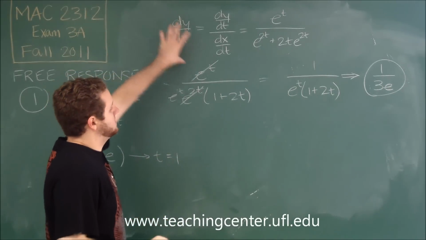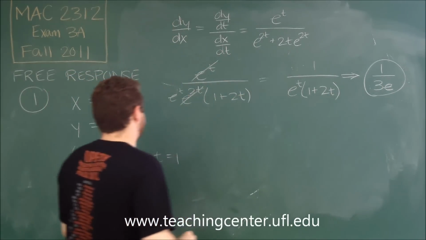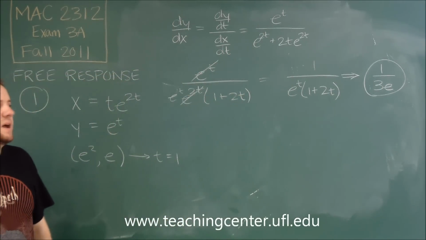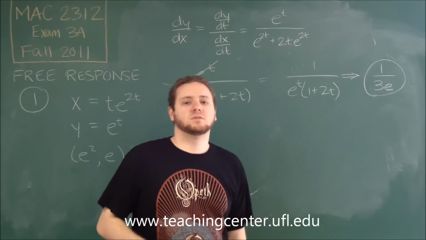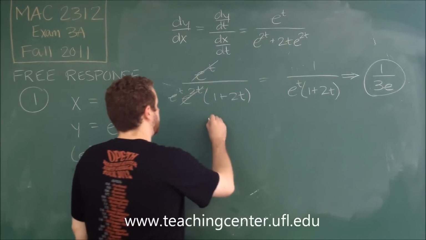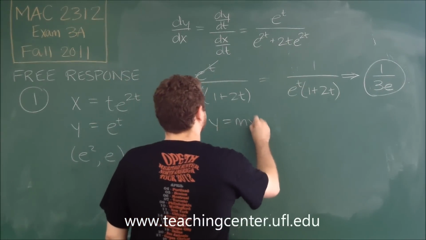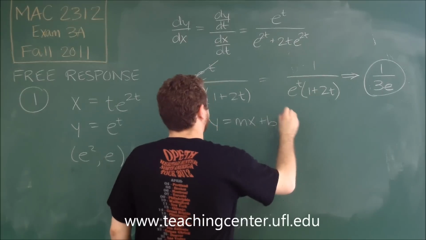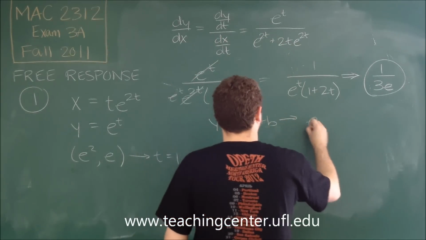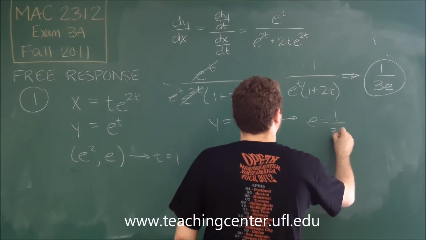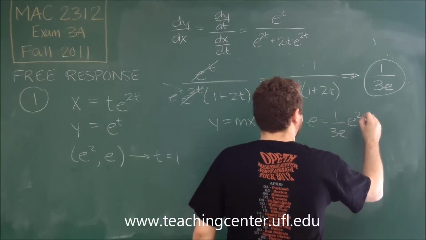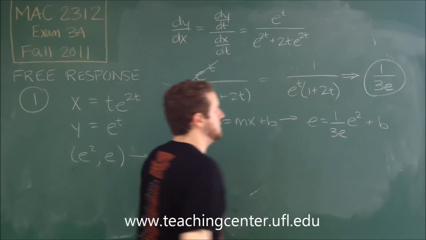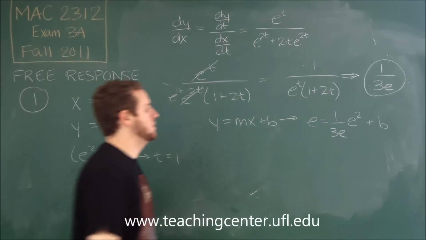Remember, this was giving us the slope. We found the t, we plugged it in, we got our slope. So now you have a point, (e squared, e), and you have a slope, so we can write an equation. If you use y equals mx plus b, our y was e, our slope is 1 over 3e, our x was e squared, and b is what we're trying to figure out.